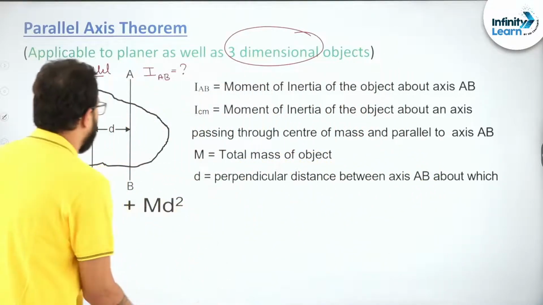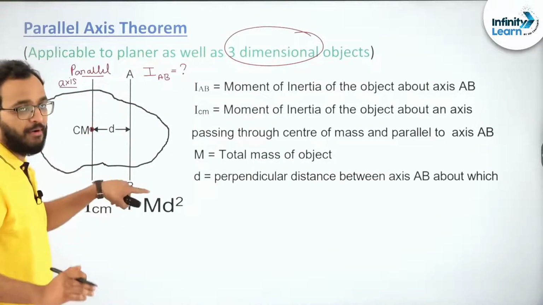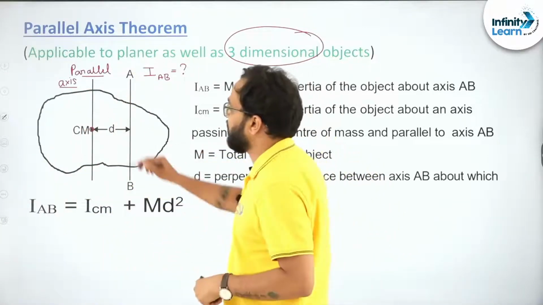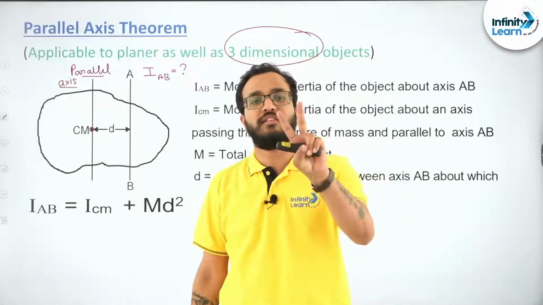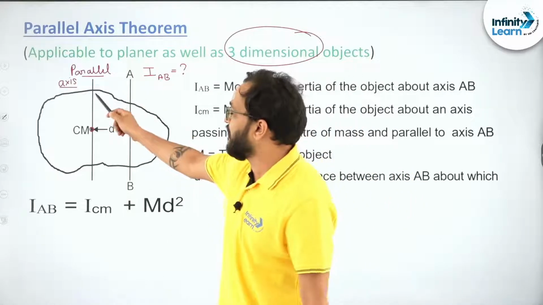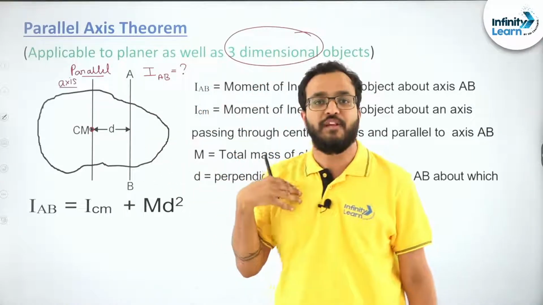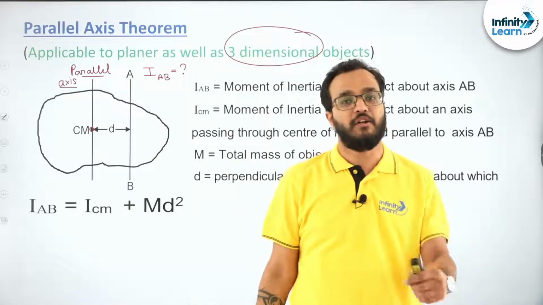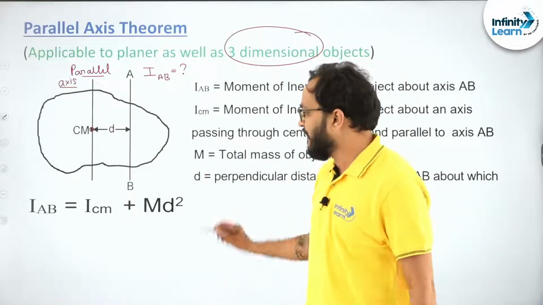But remember that this is the perpendicular distance between these two axes: AB, about which we need to figure out the moment of inertia, and the axis passing through the center of mass and parallel to it. So these two conditions are necessary. First, this axis should be parallel to axis AB, and second, this axis should definitely pass through the center of mass of that rigid body. Once these two conditions are met, we can apply this formula.